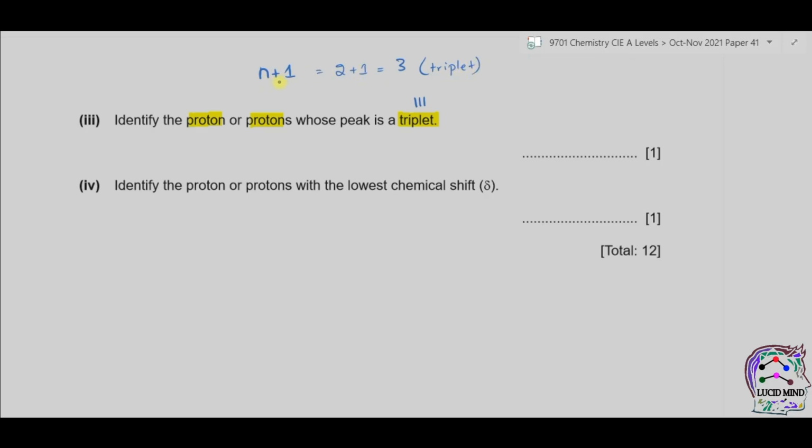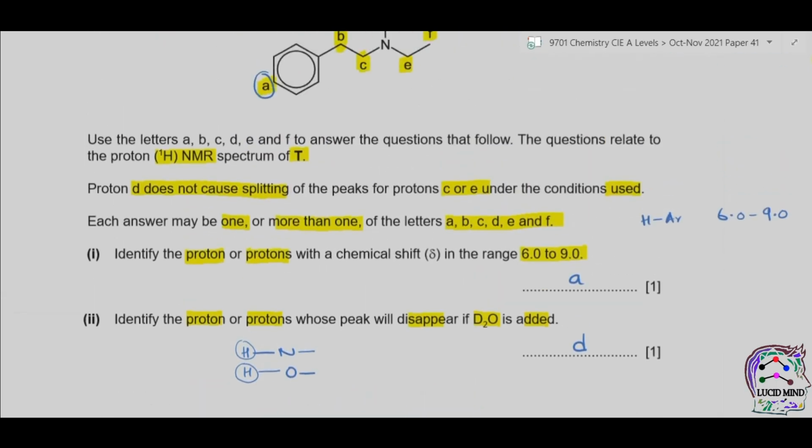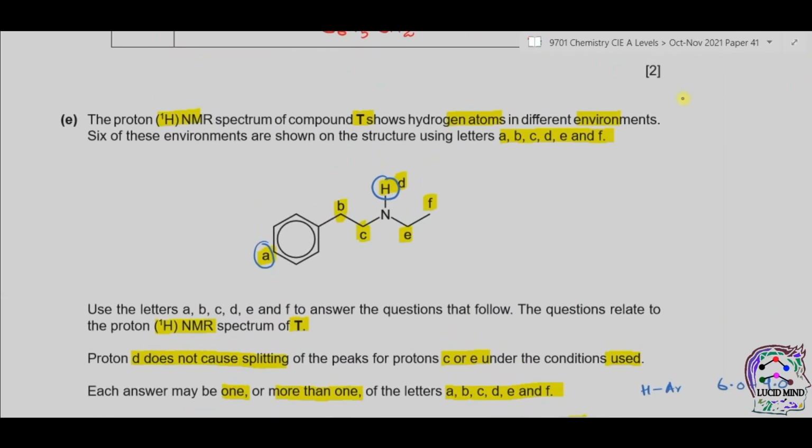Let's find out which protons will give a triplet by the n plus 1 rule. Now in F we have 3 hydrogen atoms as it is CH3. In E we have 2 hydrogen atoms as it is CH2. Again in C we have 2 hydrogen atoms attached to the carbon atom, and in B we have 2 hydrogen atoms attached to the carbon atom.